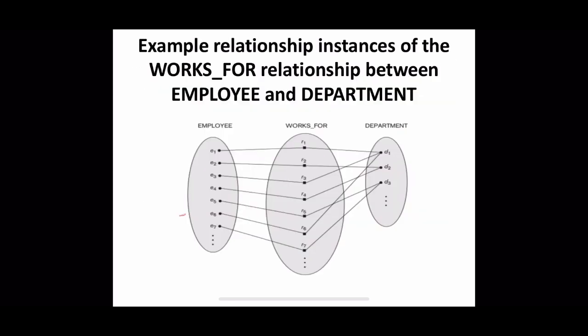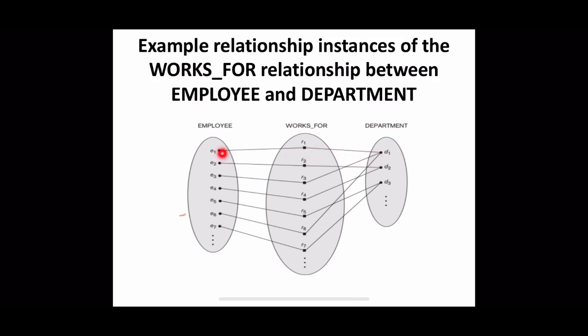We can see an example for a relationship here. The works for relationship type associates the employee entity type with the department entity type. So each entity within this employee entity type is associated with some department entity through this works for relation.